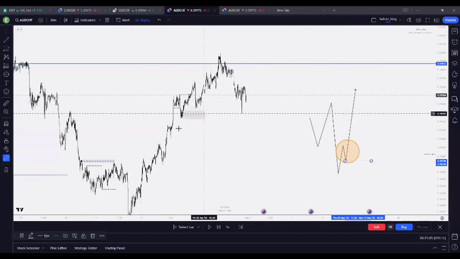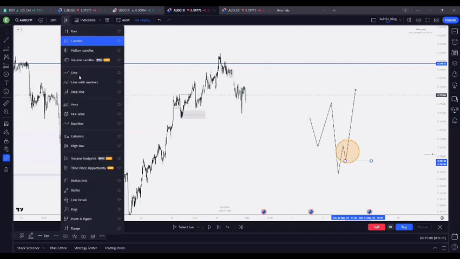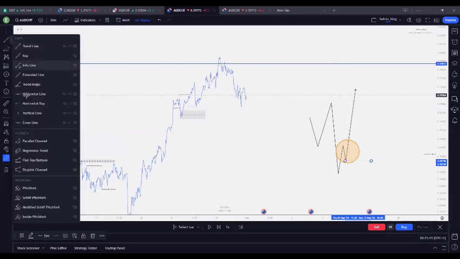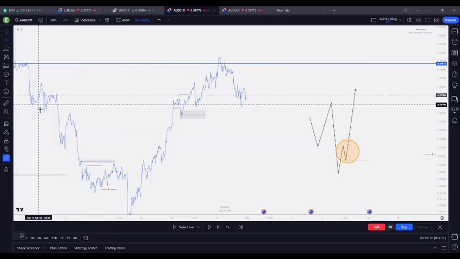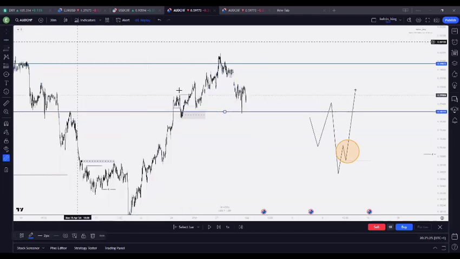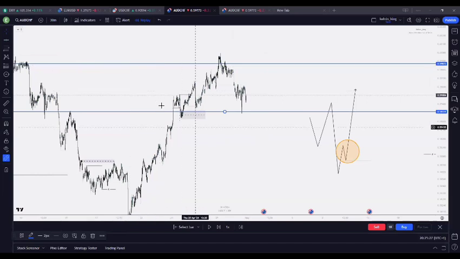Now remember, this zone is just our normal support and resistance zone. Let me mark it out again to make sure you get it. So it's just our normal support and resistance zone based on the chart. So when price hits that zone, what I do usually is I set my alert on this zone.